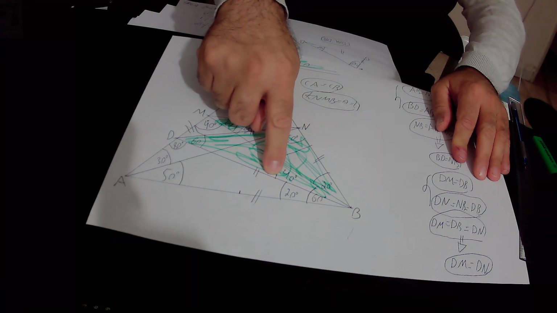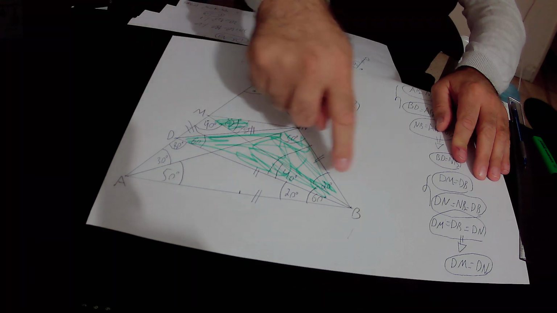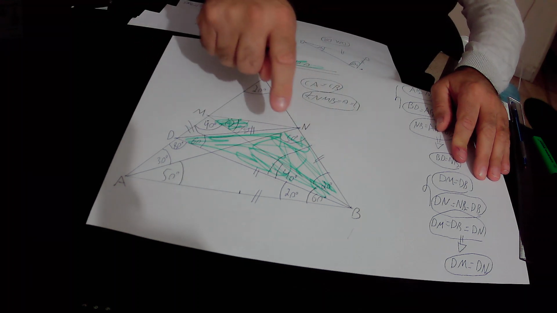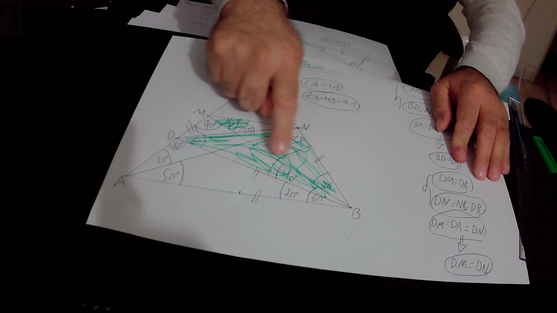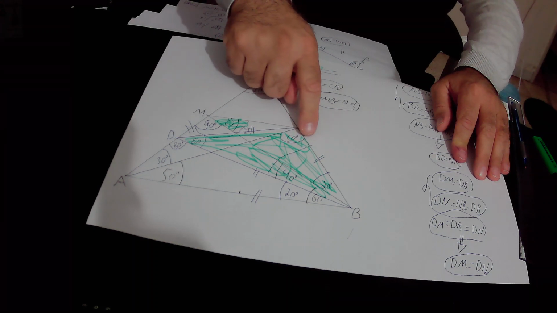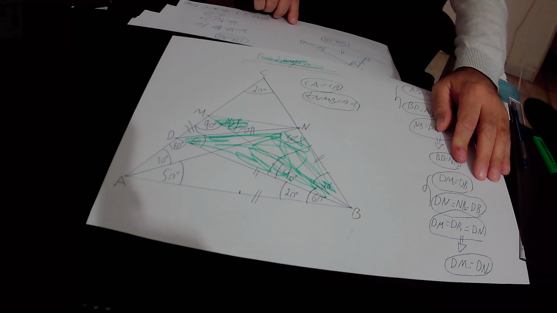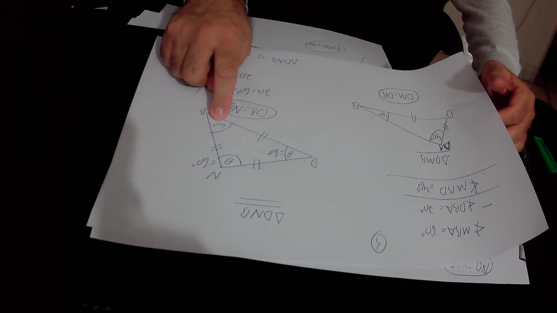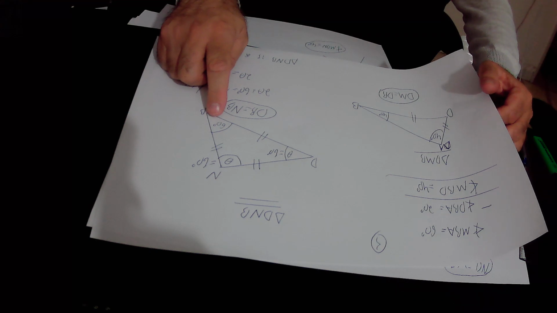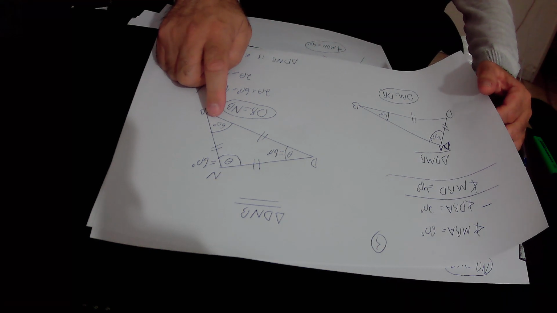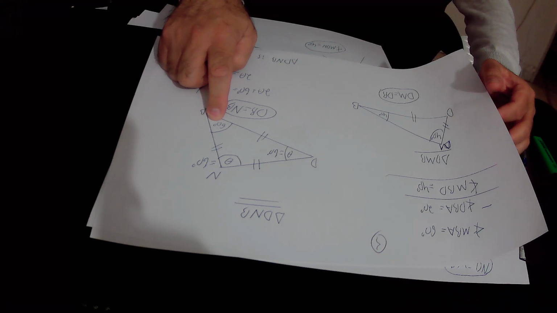This angle NBD or DBN is equal to 20 degrees plus 40 degrees, that is 60 degrees. So angle NBD equals 60 degrees in size.